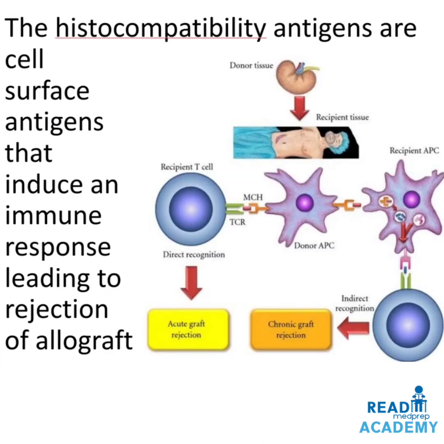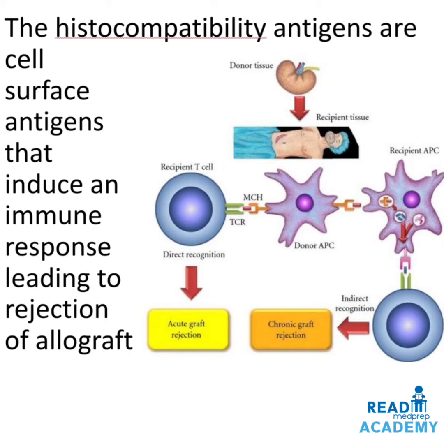The histocompatibility antigens are cell surface antigens that induce an immune response leading to rejection of an allograft. You can see in the image a donor tissue being transplanted into the recipient tissue. The recipient T cell directly recognizes the donor tissue and causes acute graft rejection.